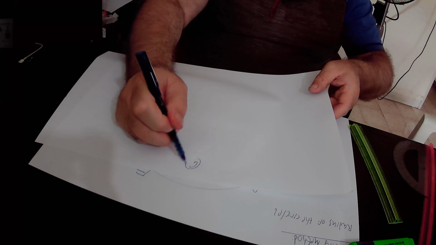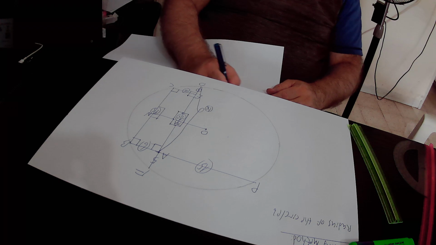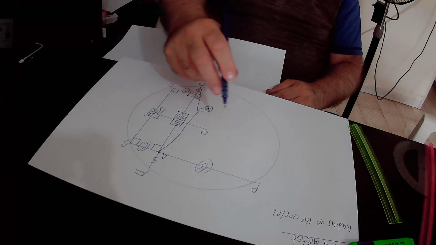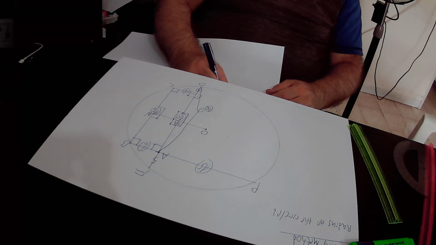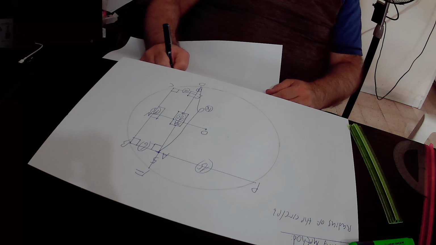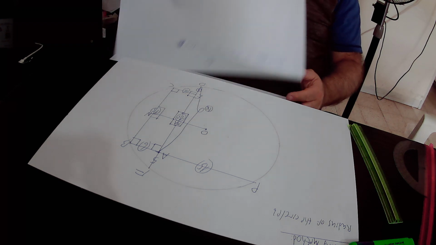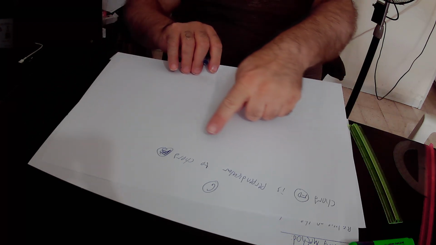In our original drawing we have chord FD perpendicular to chord PB. So here, chord FD is perpendicular to chord PB.